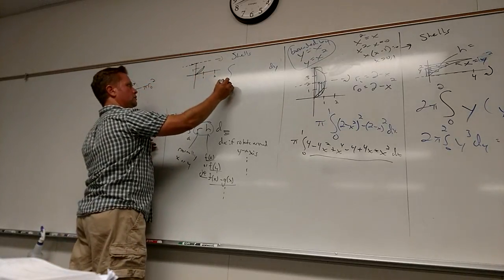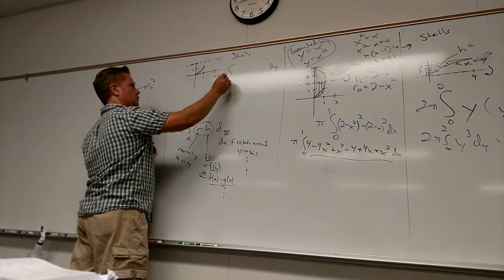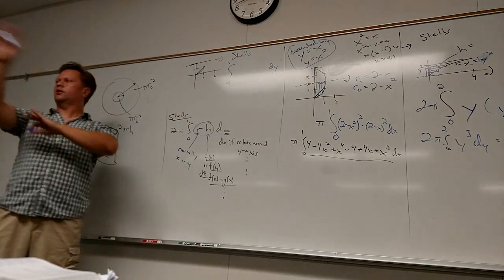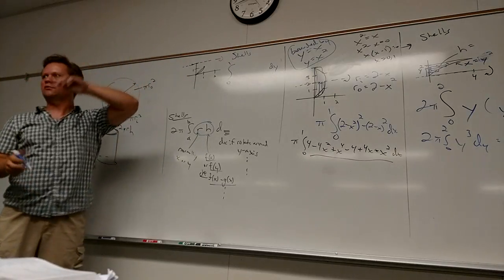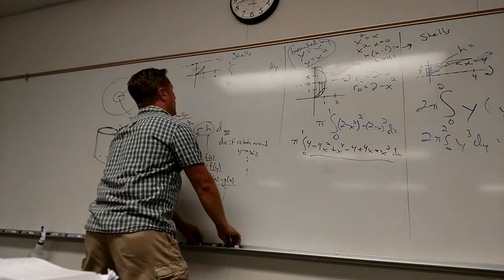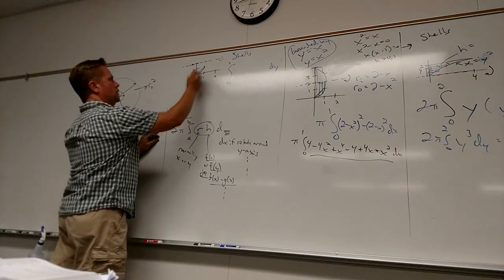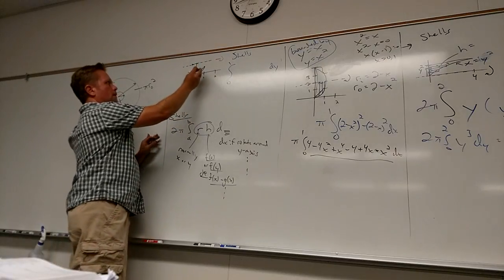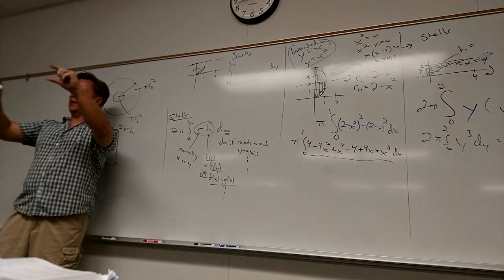What is y doing? 0 to 1. Okay, because the minute you start doing other things, you start thinking too many, like this is going there, and this, no. That's all y is doing for the region I'm talking about. I like it. Okay, now, for shells, since I'm going around this, my rectangles, are they going to be laying down or standing up?